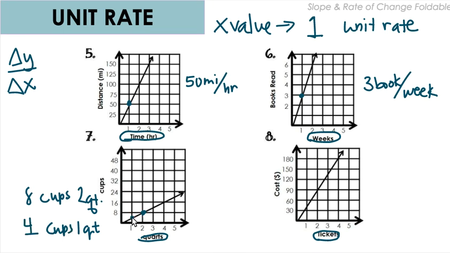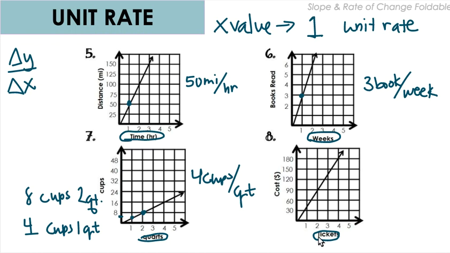It's hard to tell from the graph, and maybe you could have guesstimated, but if you can't tell 100%, if it's not listed and it's not at the grid marks where it's very, very obvious, you may need to do a little conversion like we did here. So 4 cups per quart.